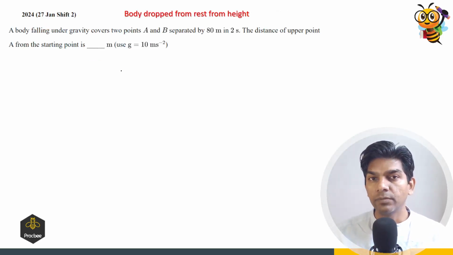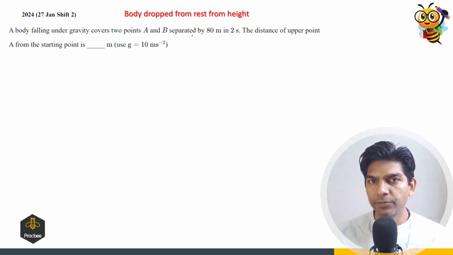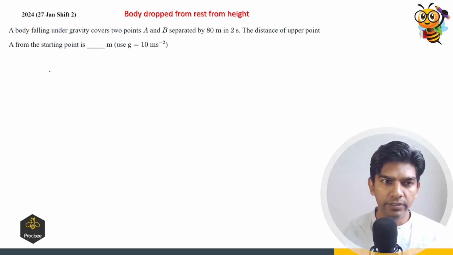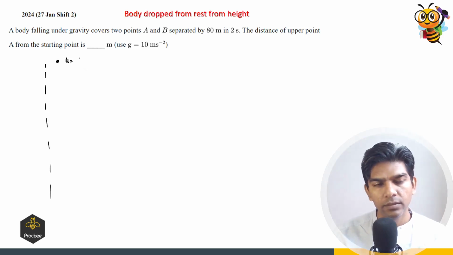Now let us see the next problem type, where we are dropping a ball from a height. A ball falling under gravity covers 2 points A and B separated by 80 meters in 2 seconds. The distance of the upper point A from the starting point. Let me just draw the diagram here. So we are dropping a ball from a certain height, and the initial velocity is 0.